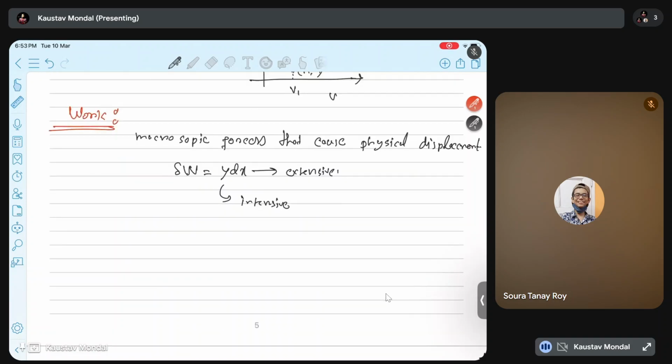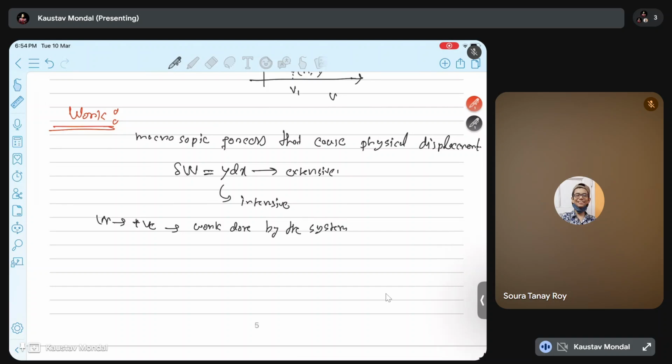Now, there is a very important thing regarding the sign of the work done. If the work done is positive, it is work done by the system; the system is doing some work on the surroundings.